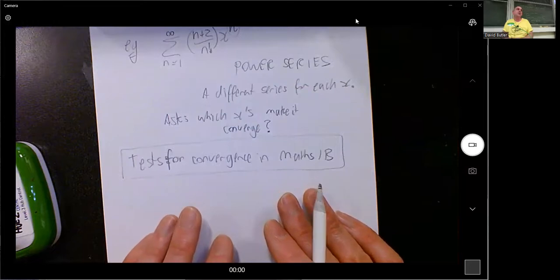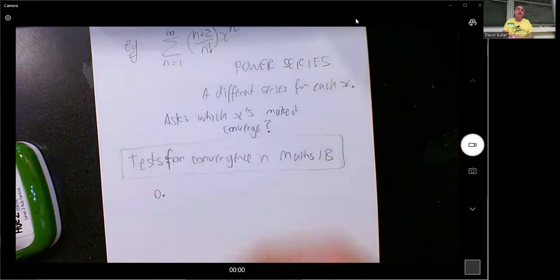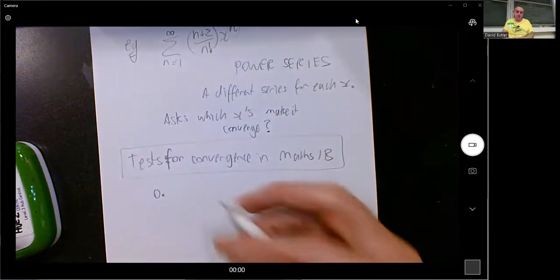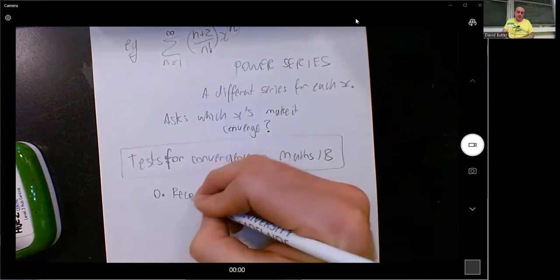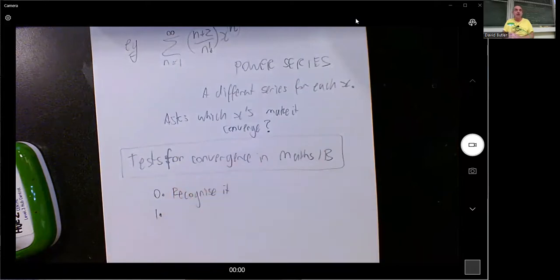Anyway, I call the first one 0, so I always have trouble. So test 0 isn't a test, it's just recognize it and know the answer. Test 1 won't tell you whether it converges, but it will tell you whether it diverges. In your notes, it's called the necessary condition for convergence.